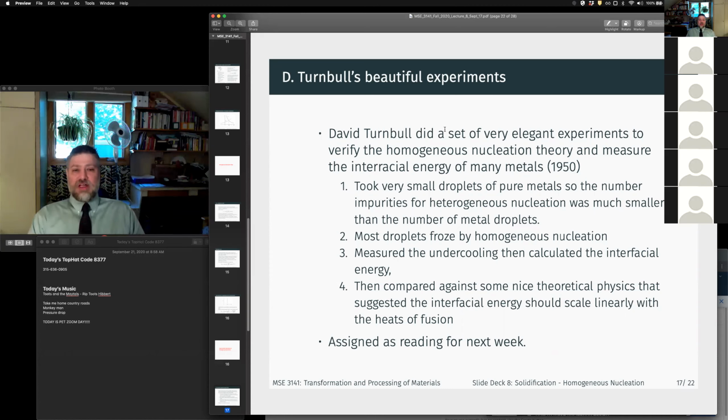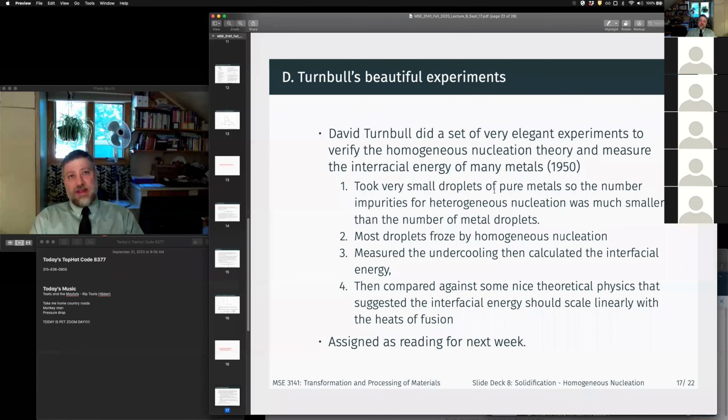And what he realized is that in large systems, whenever you have a large amount of metal, you always have impurities that give you heterogeneous nucleation. So David Turnbull set up a large number of very small systems, little tiny droplets of metal.